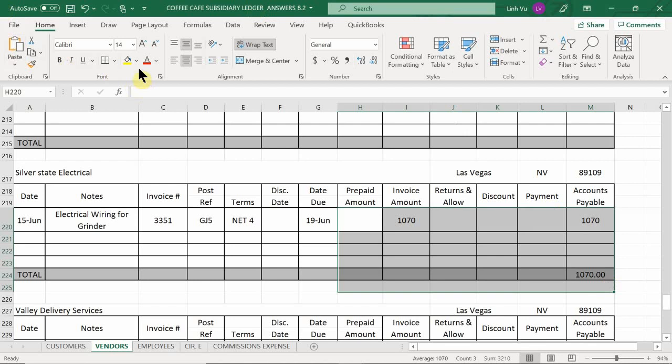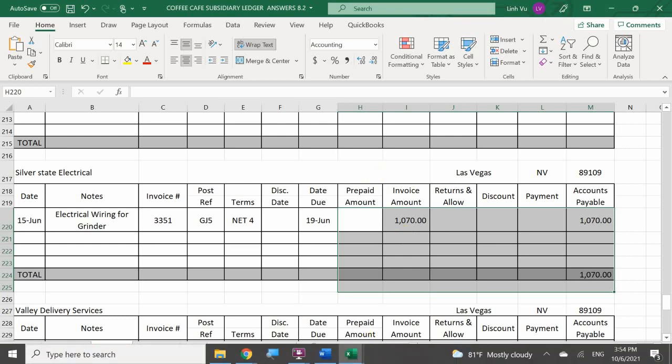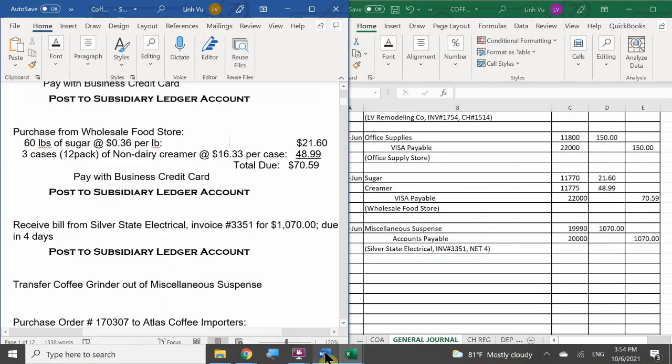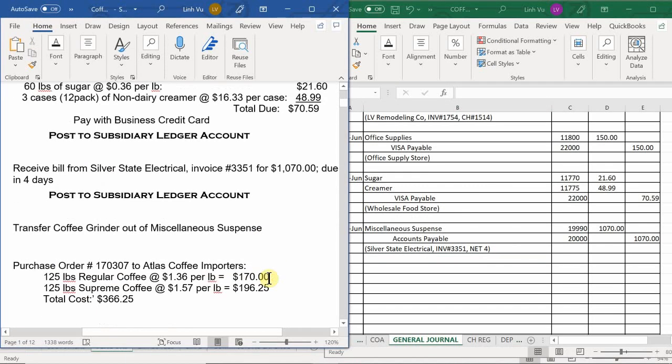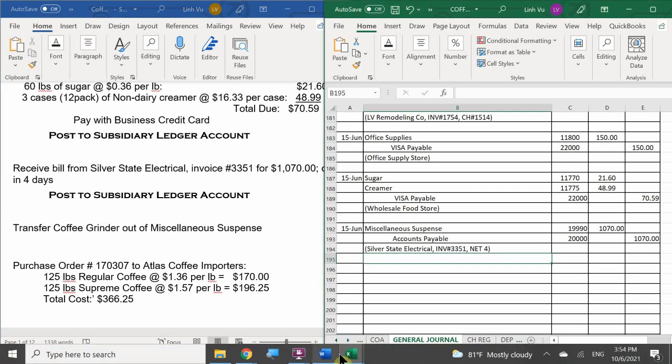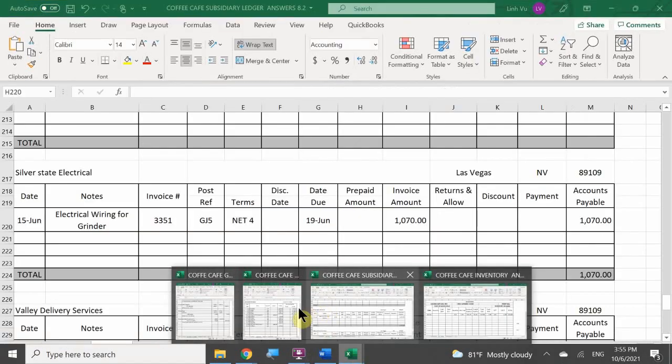Transfer coffee grinder costs to the miscellaneous expense. Oh, you have to do that. Now we have to transfer the miscellaneous expense to the grinder account. Good. So now, how much is in my miscellaneous expense for the grinder?